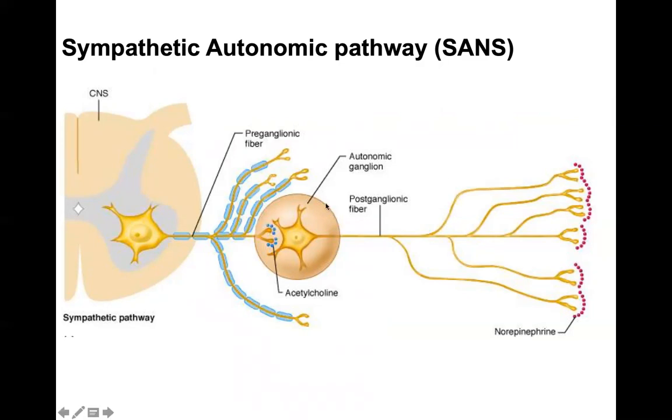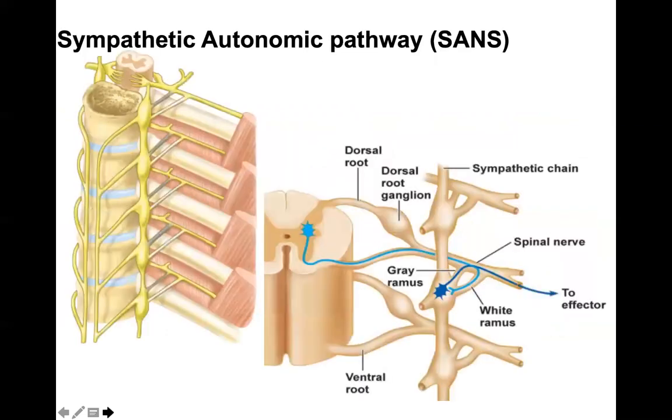So I've been saying that we have these autonomic ganglia right outside of the spinal cord. So where are they? So right here, these yellow structures that are right outside of the bodies of the vertebrae. That's sort of like a yellow string of beans there. That's the paravertebral ganglion chain.